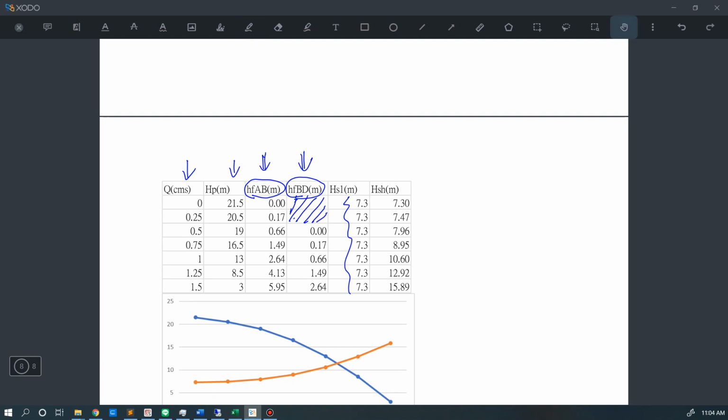The total energy that we need for the system can be calculated by summing these three columns together. So the first row is 0 plus 7.3, so we have 7.3 here, and the second row is 0.17 plus 7.3, so you got 7.47. Do similar things, we can populate the rest of the rows by just summing up these three columns together.